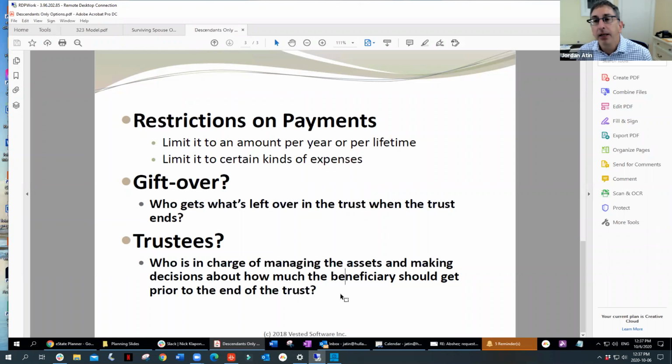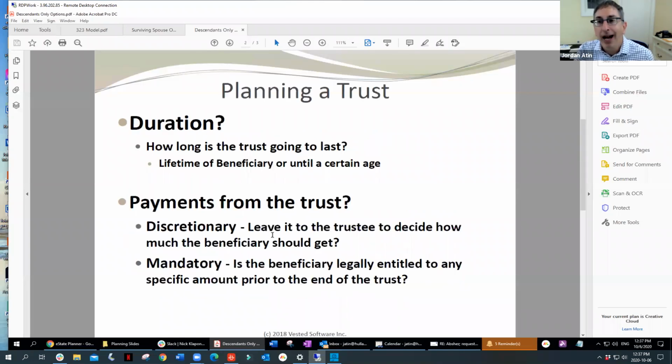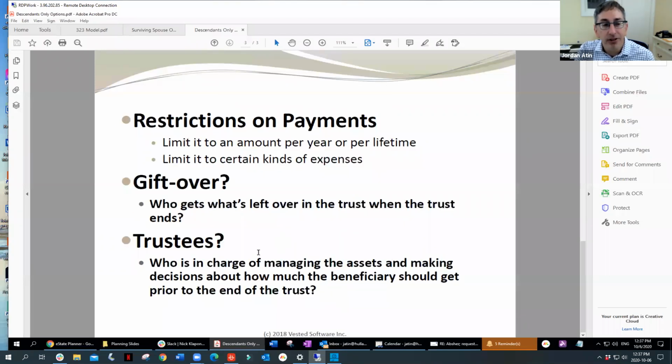And maybe next week or next session, we'll talk about how you pick trustees and what kind of factors go into it. But as you can see in this situation, where they're going to have a lot of discretion about how to invest the money and how to spend the money, picking the trustee is often the most important decision that you're going to make.